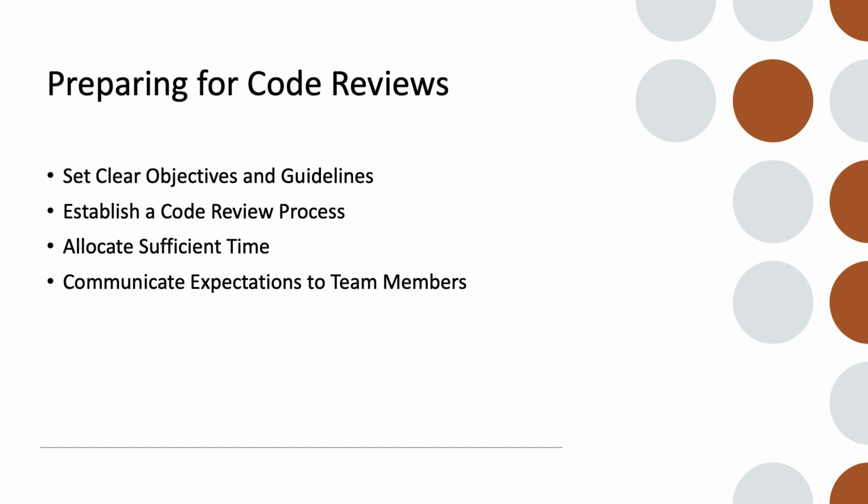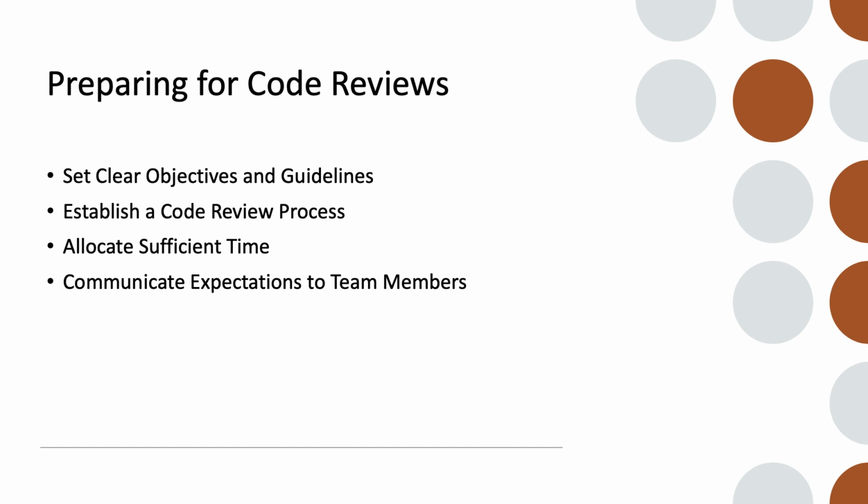Also, teams should define a structured code review process, specifying when and how reviews will be conducted, who will participate, and what tools will be used. By establishing a clear process, teams can ensure consistency and efficiency in their code review practices.